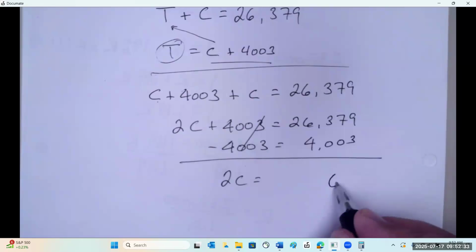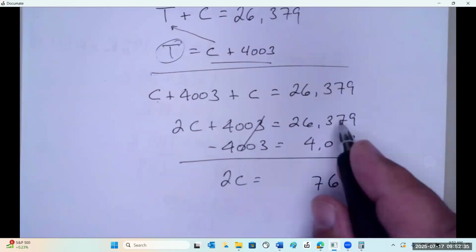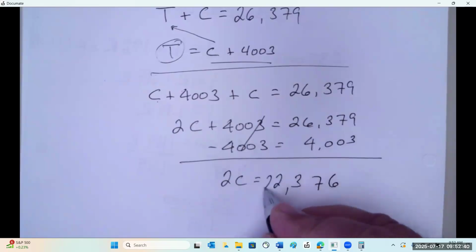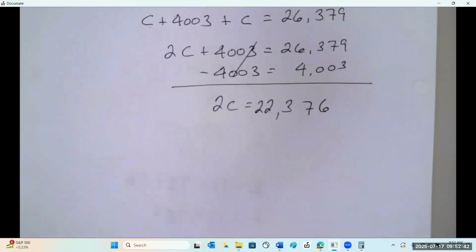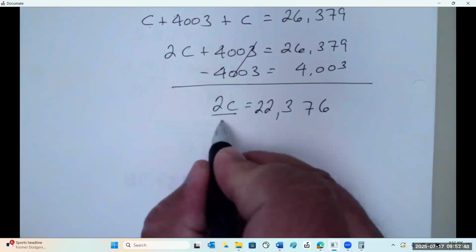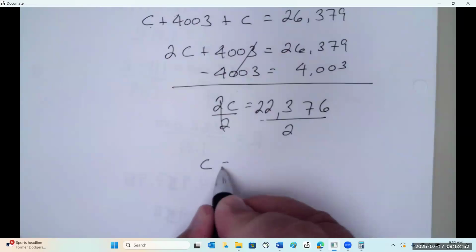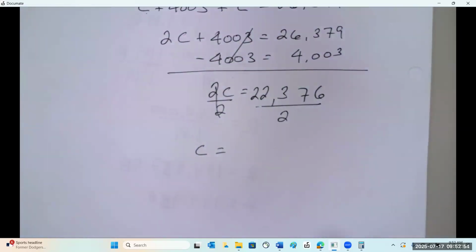Nine minus 3 is 6. 7 minus 0, 3 minus 0, 6 minus 4 is 2, 2. Divide both sides by 2.